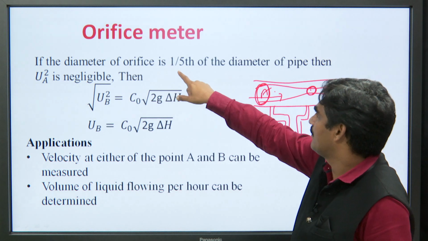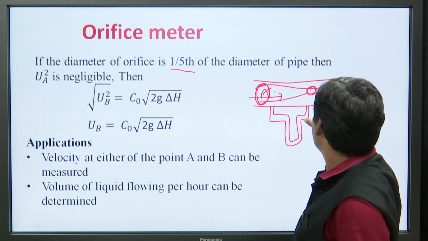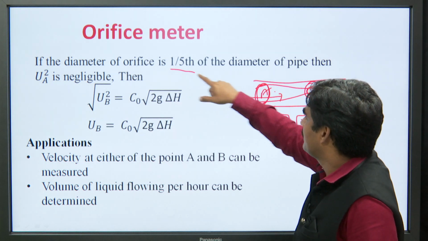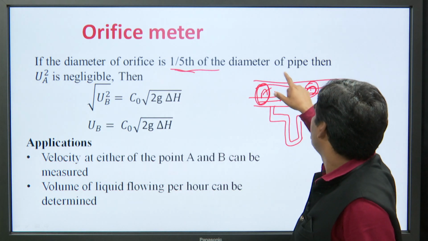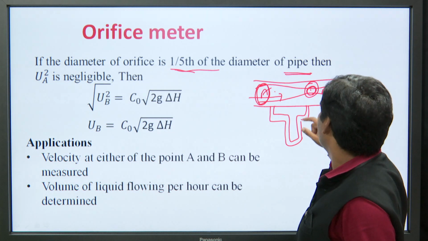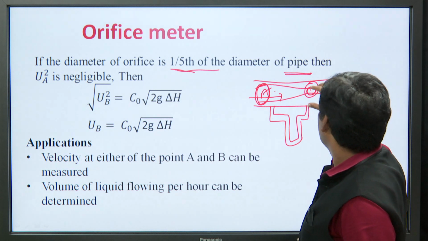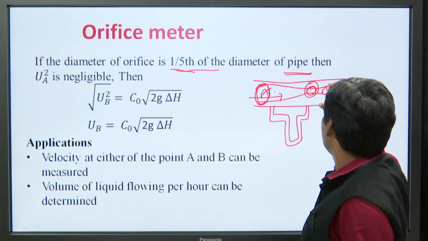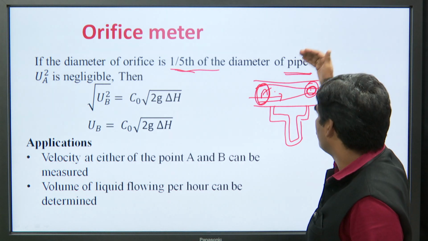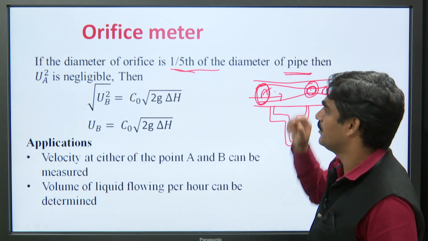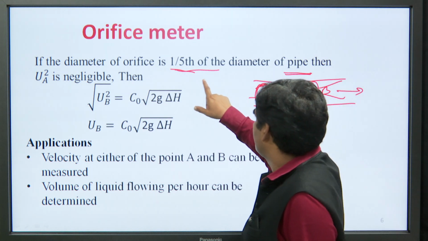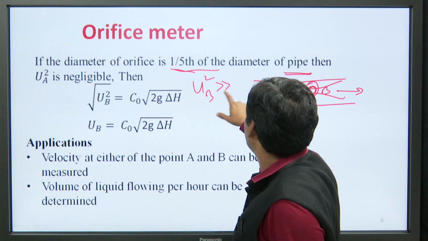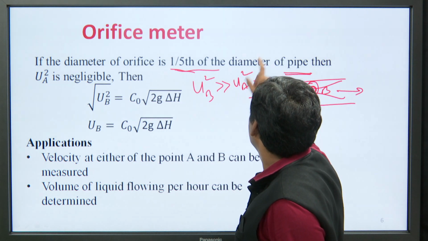That means, if the diameter of the orifice is 1/5 of the diameter of the pipe, then the velocity at which the fluid passes through this orifice, u b square, is much higher as compared to u a square.